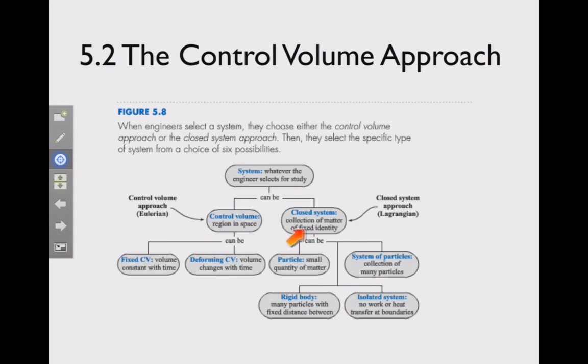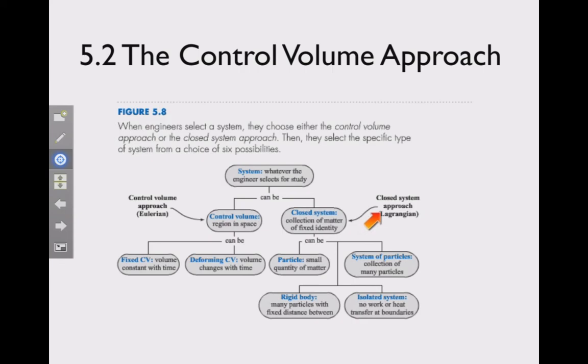The collection of the matter is going to remain fixed. It can be either a particle or a system of particles, and it can either be a rigid body or an isolated system where we allow no work or heat to transfer on the boundaries. It turns out this can either be isothermal or what's sometimes called an adiabatic system, where we're not allowing heat energy to be exchanged at the boundaries of the system.